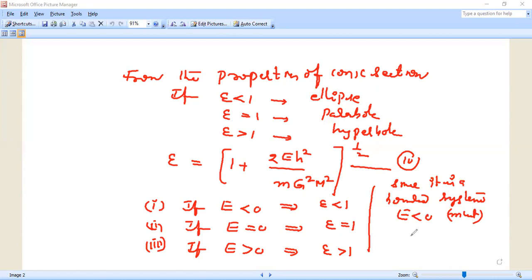If it is negative, obviously eccentricity is less than 1. Therefore, the orbit must be an ellipse. Hence, the path of the orbit is the ellipse. Therefore, the planet revolves around the sun in an elliptical orbit. Hence, Kepler's first law is proved.